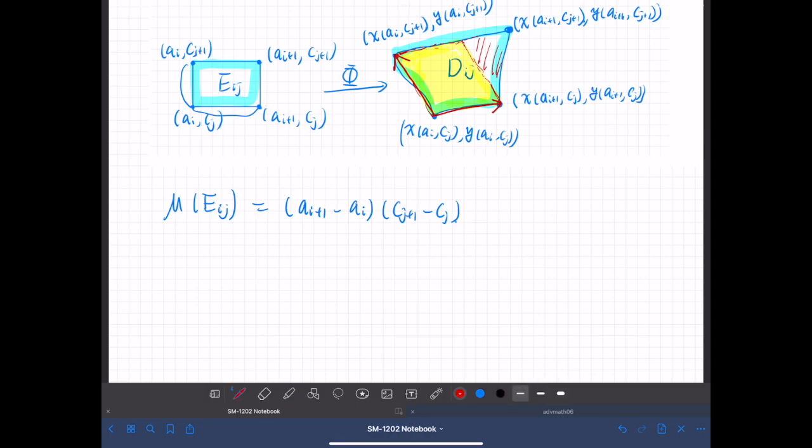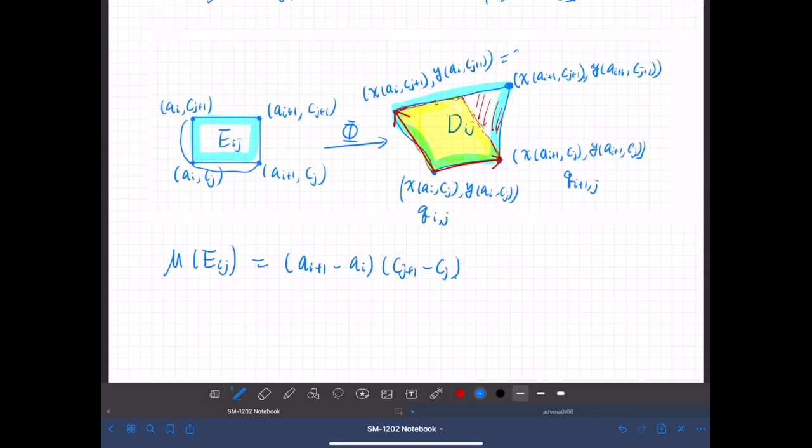Okay, so let's see. Let's try to call this point qij, and qi plus 1 j, and this one is qi j plus 1.